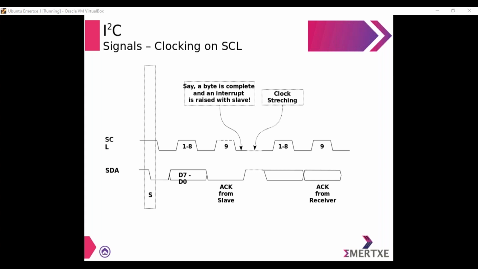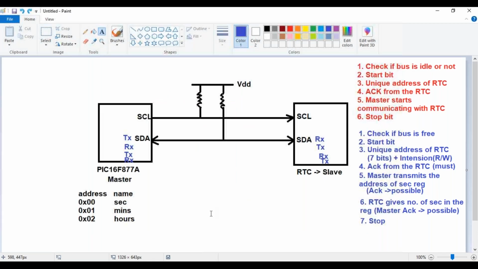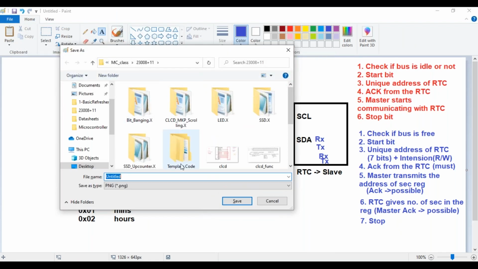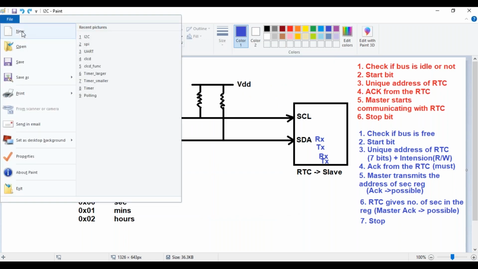Okay. So the next one is something called clock synchronization. And I will be able to explain clock synchronization with only the pictorial representation. So let me do this. Now clock synchronization is another concept which happens when two masters are communicating at the same time.